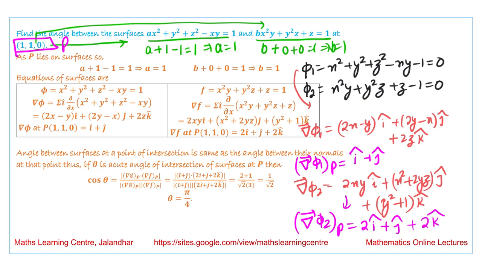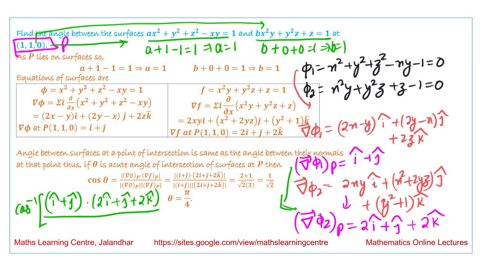Now we have to calculate the angle between these two. To calculate the angle, we write theta is cos inverse of the dot product of these two, i plus j dot 2i plus j plus 2k, divided by modulus of i plus j times modulus of 2i plus j plus 2k.